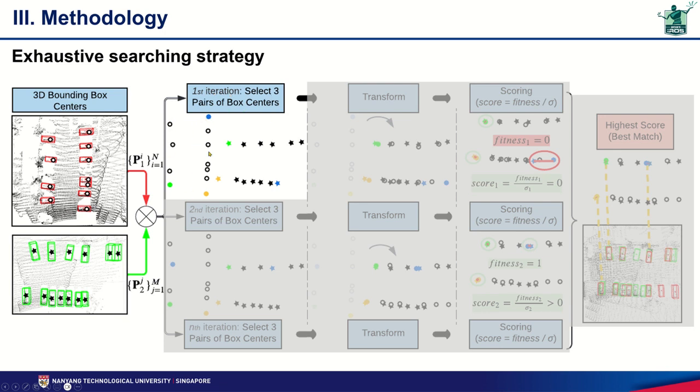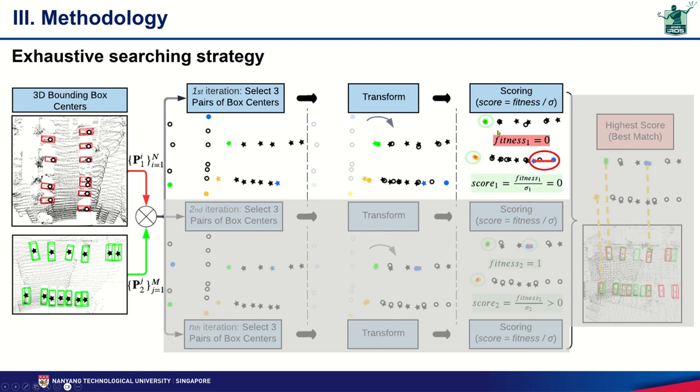LiDAR 1 is shown in circle, LiDAR 2 is shown in star, and the selected three pairs are shown in three colors: blue, green, and yellow. Then we transform them together as shown here. Then we calculate the distance between the three pairs. If the distance of one pair is larger than 1 meter, then the feasibility is 0. Then the score will be 0.